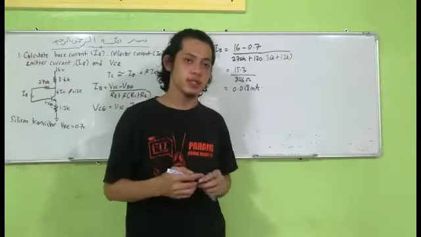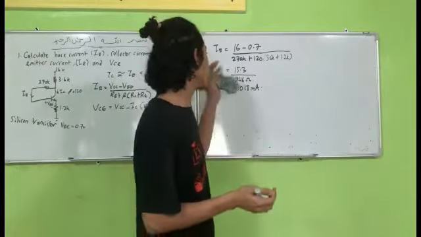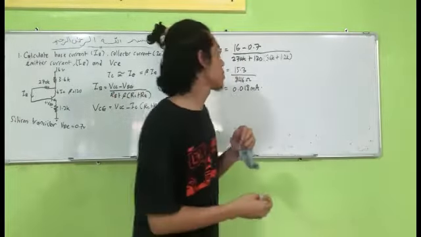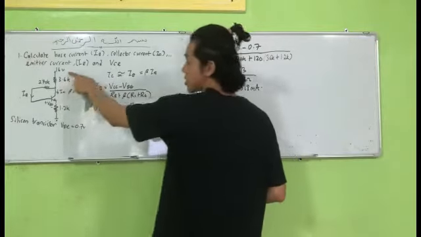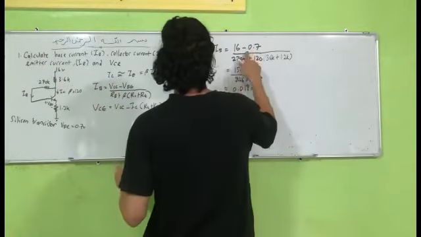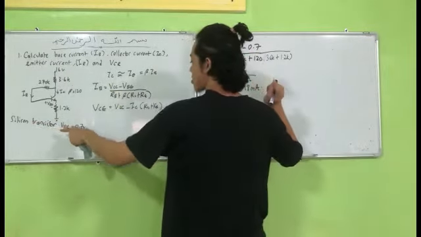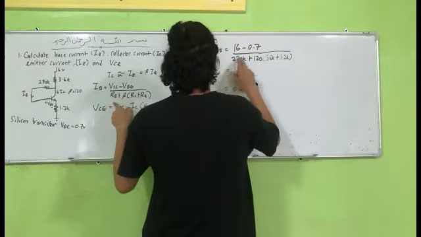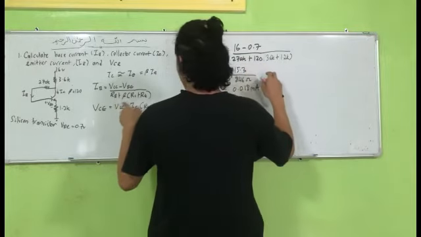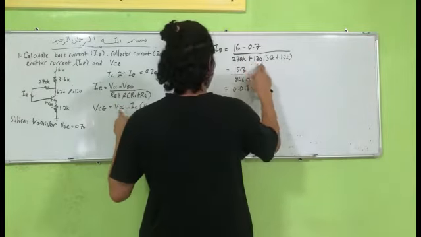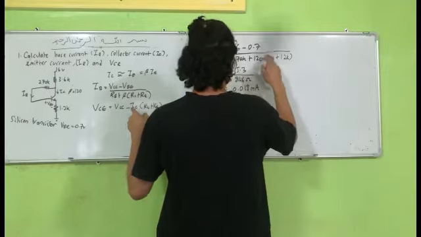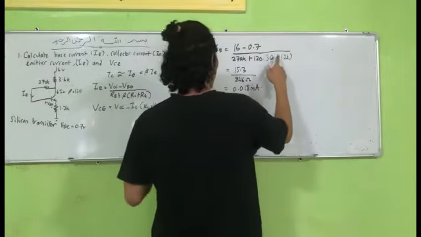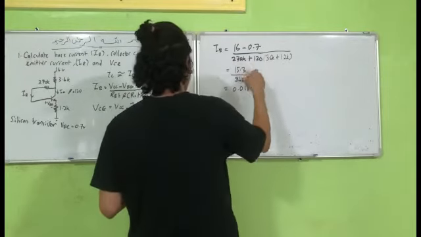To solve this circuit, the first step is to find the value of IB. The formula is VCC minus VBE. VCC is 16, minus VBE, which is the value for a silicon transistor, over RB 270 kilo ohm plus beta 120 multiplied by RC 3.6 kilo ohm plus RE 1.2 kilo ohm, and multiplied by beta.